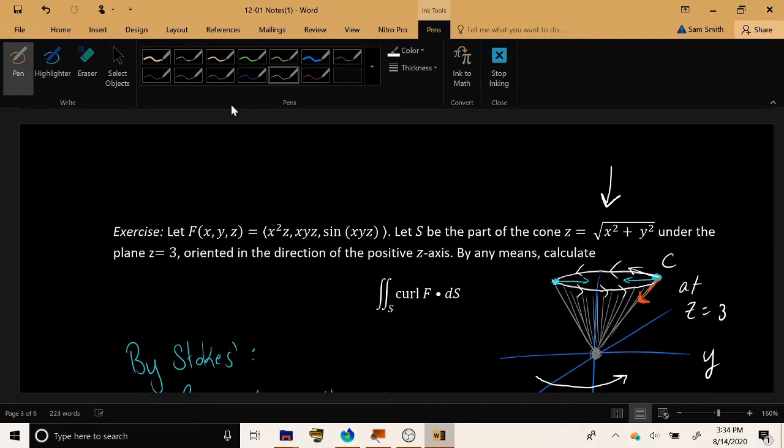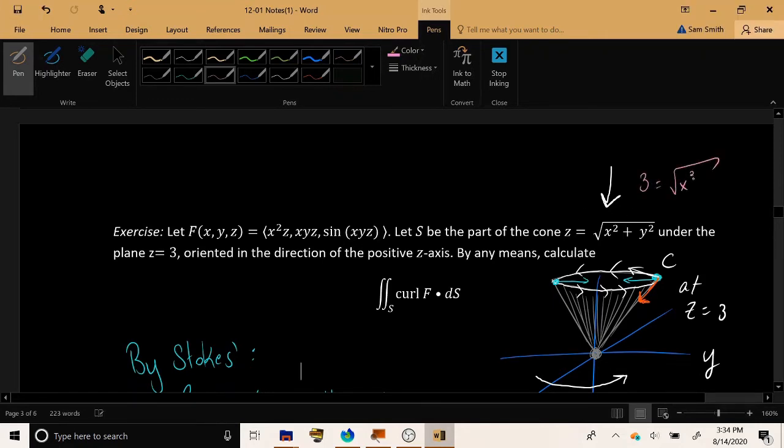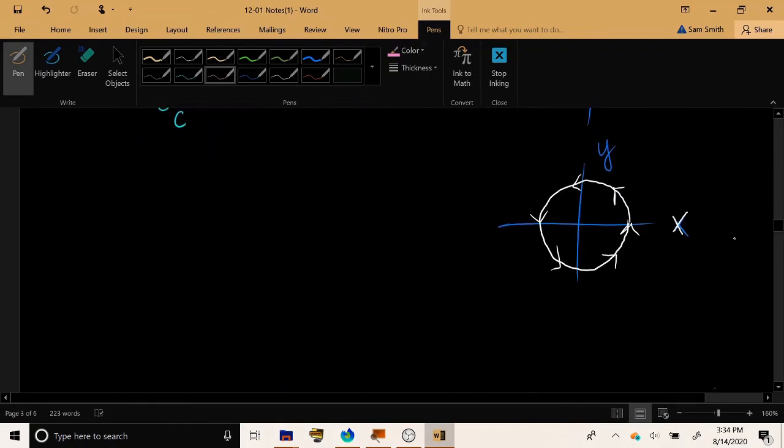This circle lives at the level z equals 3, and so if I replace that in the cone equation, I get 3 equals square root x squared plus y squared for the boundary. And based on that, this is going to be a circle of radius 3.